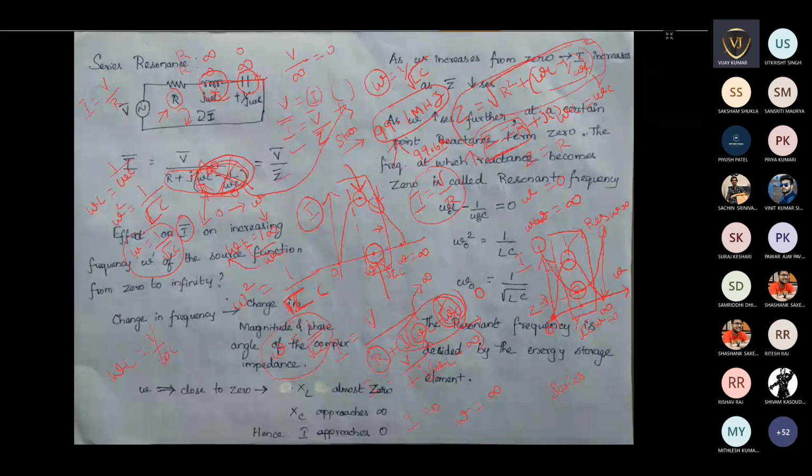Only if you fix it at that particular channel frequency, you will be getting the maximum strength. That is why in your home, if you tune your TV at 99.1 megahertz, you will be getting a very clear signal, if you are having a channel which is designed for 99.1 megahertz.